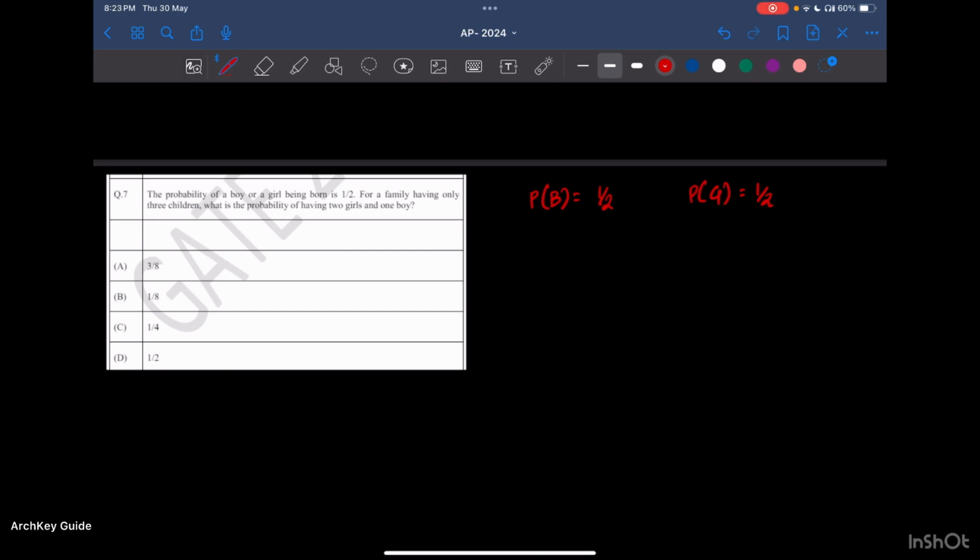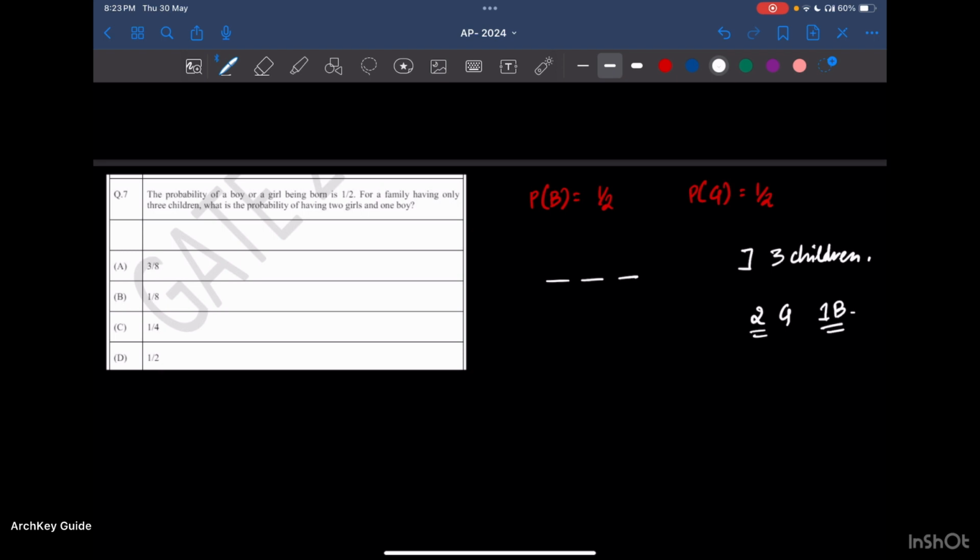This is similar to that numbers that we did, like 3 digit and 4 digit. So that is how you're going to imagine this. So only 3 places are there, which means 3 children. Fine. What is the probability of having two girls? So two girls are a must and one boy. Right?